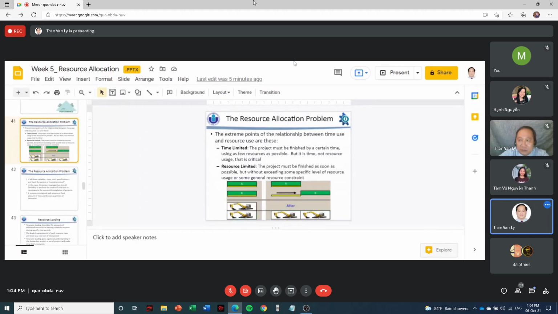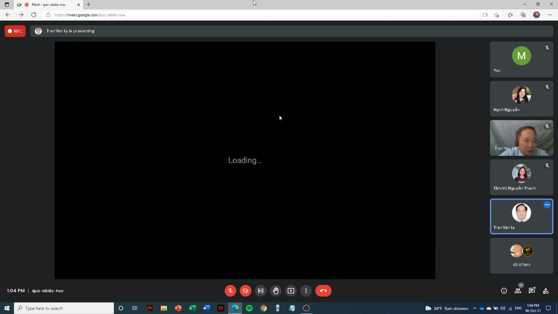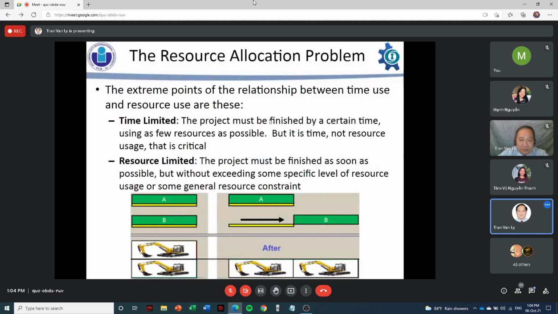Here, resource. You see all allocations, your job. Because you schedule, you plan, because resources are limited.